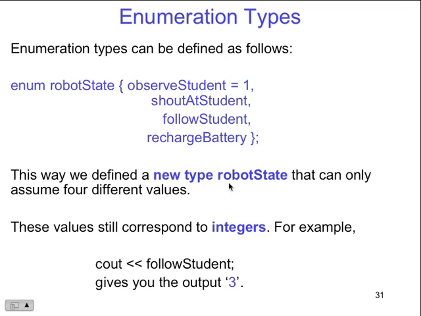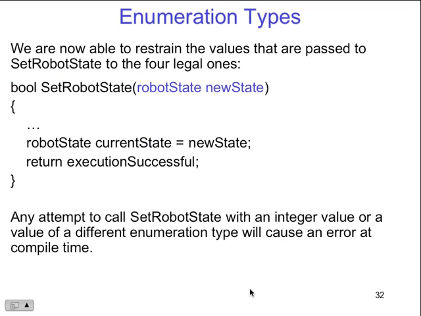So this way we define a new type, robostate, that can only assume 4 different values. So inside we've decided we can only have these 4 different values. And these values still correspond to integers. So we can say cout follow student gives you the output of 3. You print it out because we really have that same correspondence going on.